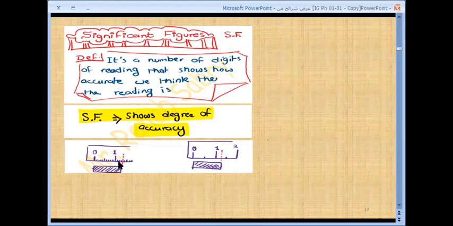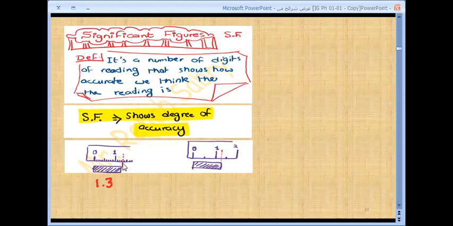1 centimeter, 0.1, 0.2, 0.3. So here I can say it's 1.3, but in fact, it's not 1.3 exactly. The line ends between 1.3 and 1.4. So here you will begin making what? Estimation.